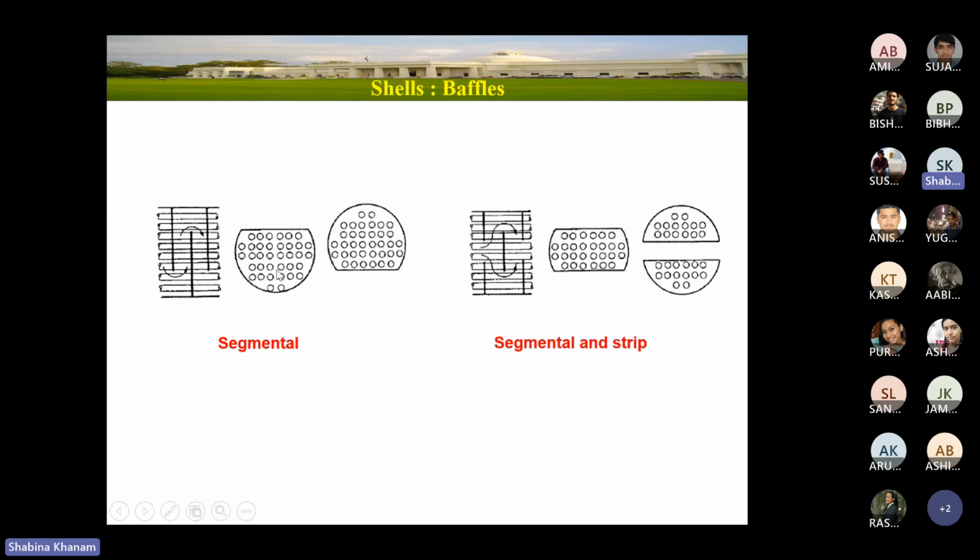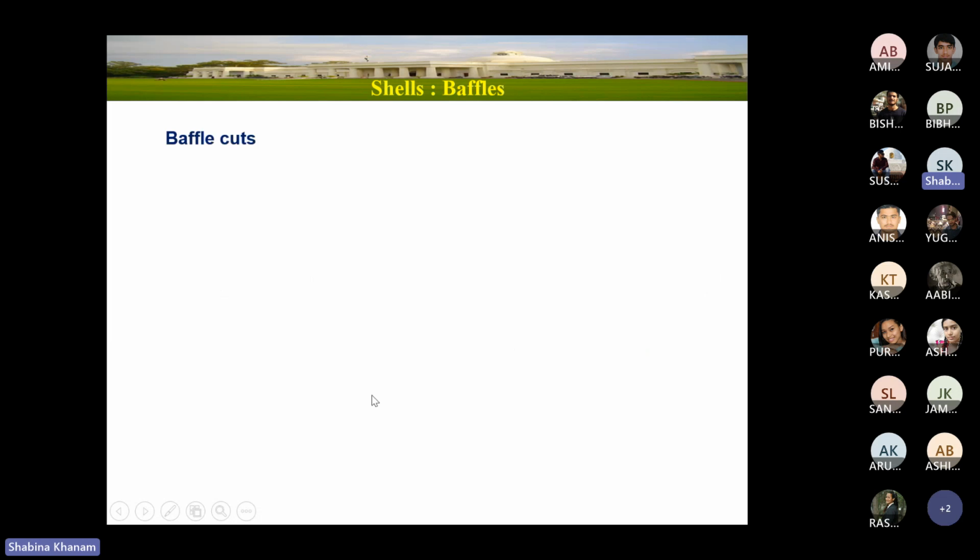Baffle cut is basically, when you consider this particular baffle diameter, the length which has been cut from here, divided by the total diameter of the baffle, which we consider as a percentage. Baffle cut varies from 15 to 45%, the whole range.